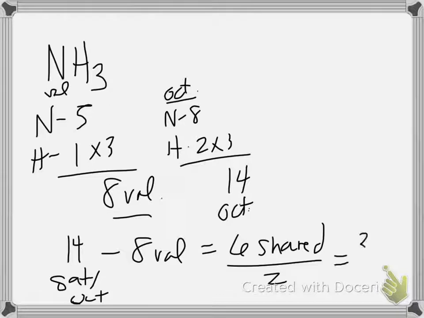Divided by 2 equals 3 bonds. This helping? Yeah, I didn't really have a problem.